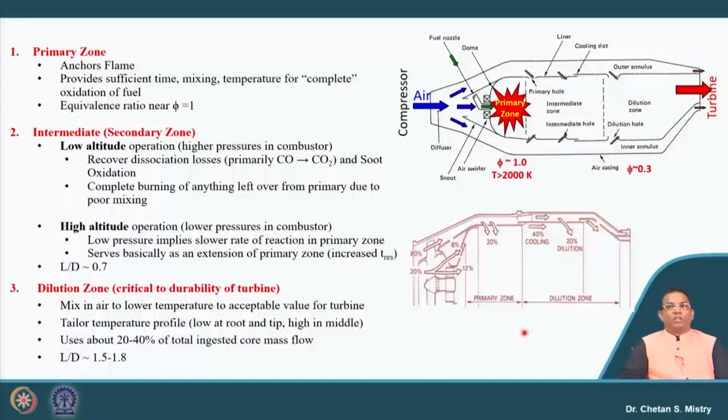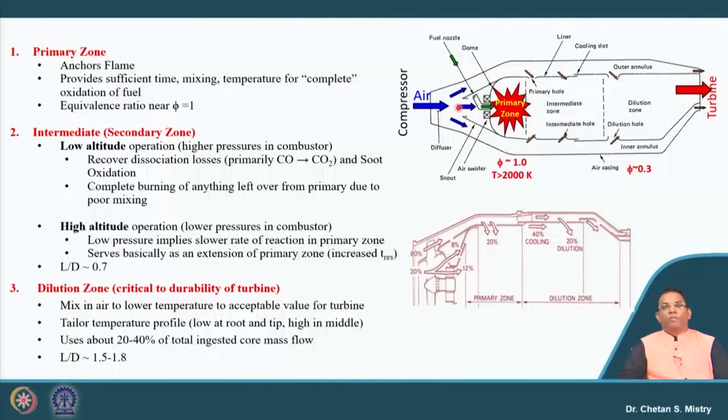Okay. Now, this is a structural diagram. If you look at the combustion chamber, from the entry the air will be entering inside the combustion chamber. In order to have combustion take place properly in a systematic way, you need to have a lower air velocity. So, the initial part is the diffuser, which diffuses the flow.